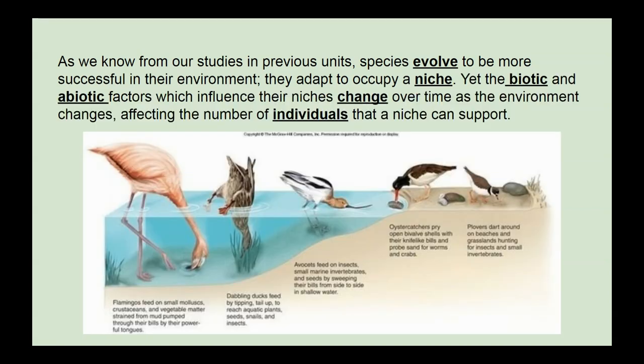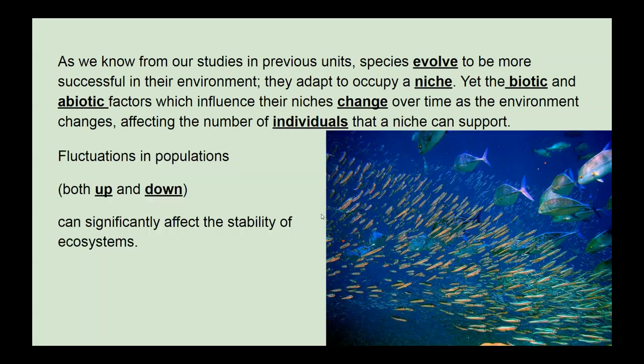So you've also got changes in your environment that are going to denote where they are going to be able to survive. Again, you've seen this picture. This is the third or fourth time you've seen this image. So you've got the change in depth. You've also got the change in their physical attributes and their adaptations to allow them to be in different niches, to get different food sources, and to be able to have different feeding behaviors.